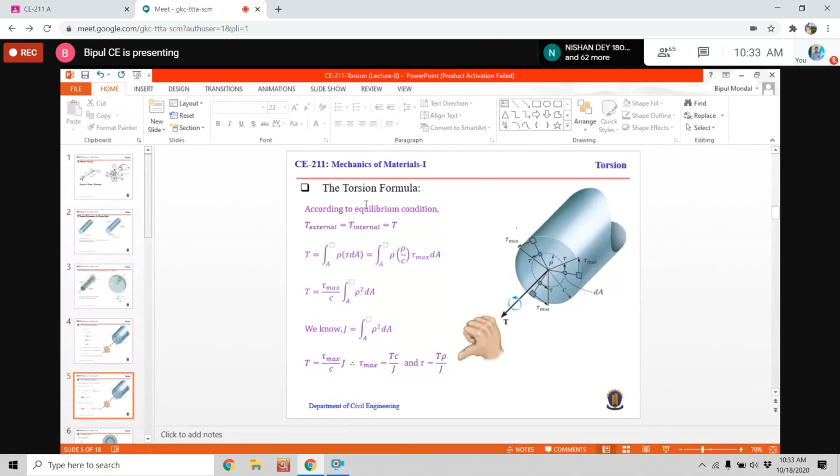Otherwise, the structure will be unbalanced. So the applied torque, the external torque, and the internal torque developed in the body will be equal. We designate both by T, as their numerical values are the same.